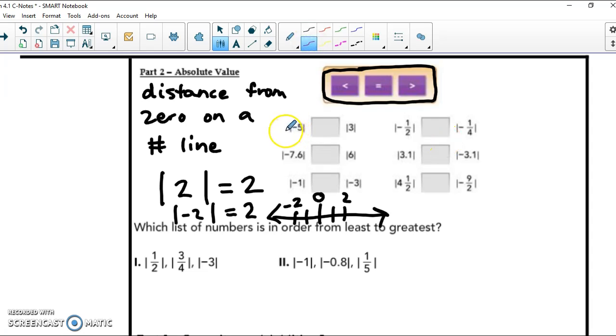So when I say the absolute value of -5, I'm asking myself, how far is -5 from 0 on a number line? And of course, it's 5 units from 0. Whereas the absolute value of 3 is 3. And I know that 5 is greater than 3, so I need the greater than symbol.